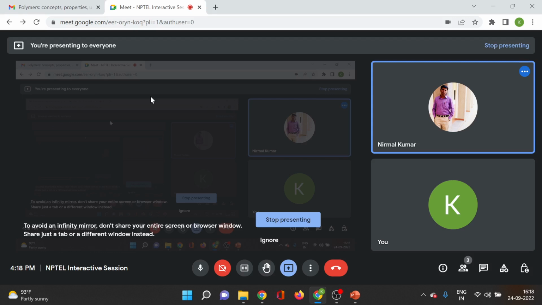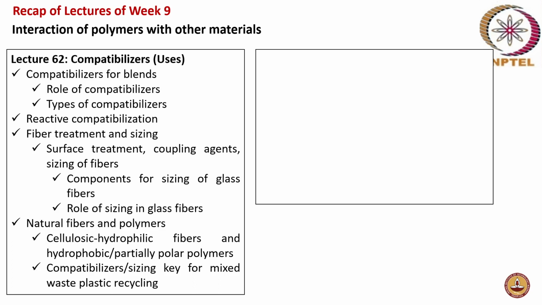Okay. So lecture 62 was based on compatibilizers, right? So compatibilizers for blends was discussed, and the role of compatibilizers, like it helps in increasing the dispersion.